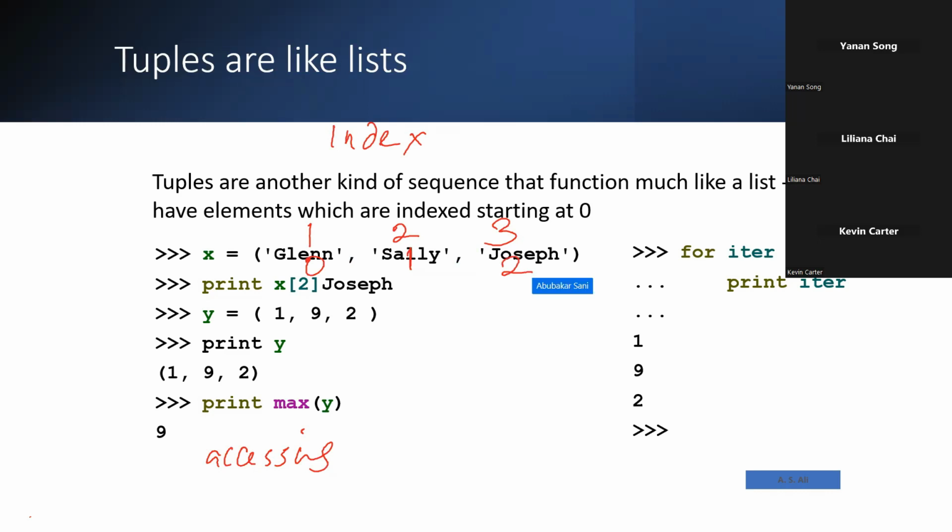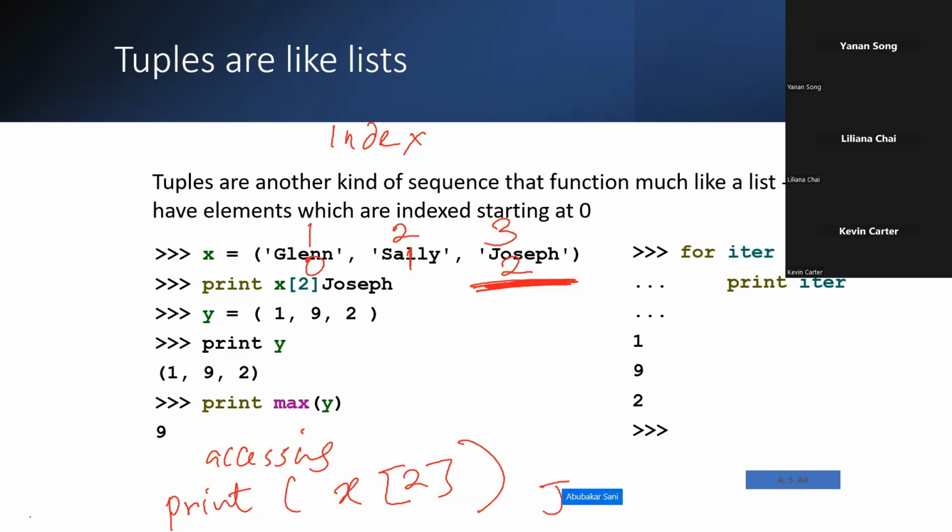So if I want to know what is at the last position, at the last index, I can say X[2]. I can say print X[2]. If I print X[2], the computer will tell me Joseph.